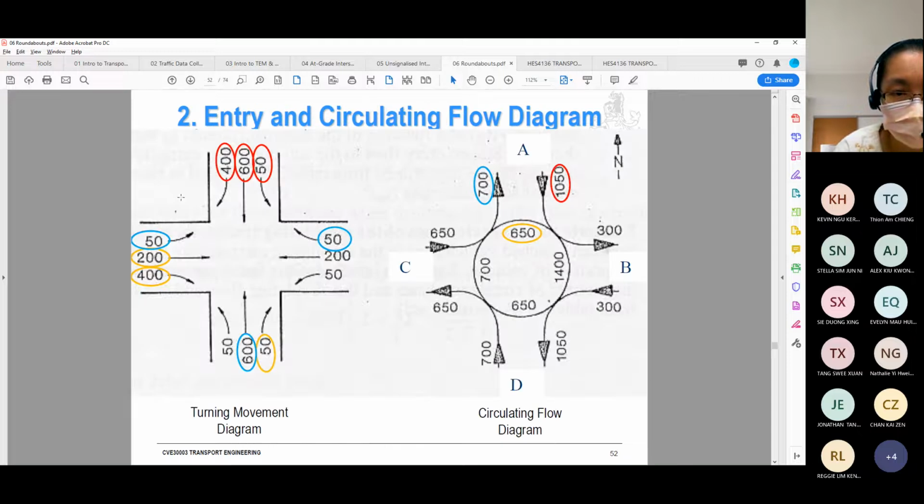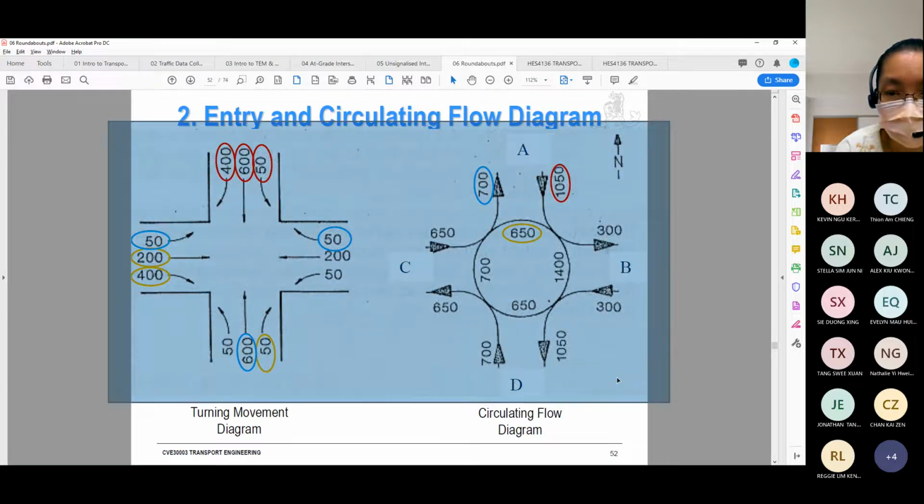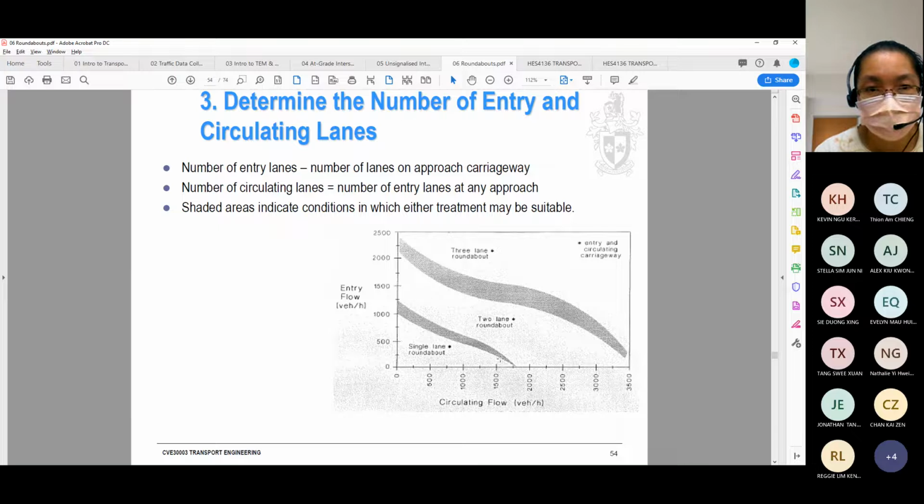The analysis should always start when you have a turning movement diagram. You have to change that into a circulating flow diagram. Otherwise, you will not be able to proceed with the analysis. Then determining the number of entry lanes: if you are designing it, you will have to determine the number of entry lanes.